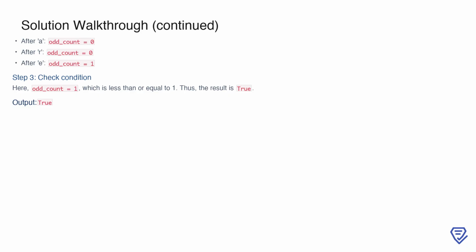Finally, the frequency of e is 1, which is odd, so we increment odd_count to 1. After processing all the characters, odd_count is 1. Since this is less than or equal to 1, the condition for rearranging the string into a palindrome is satisfied. Therefore, the result for the string carrace is true.